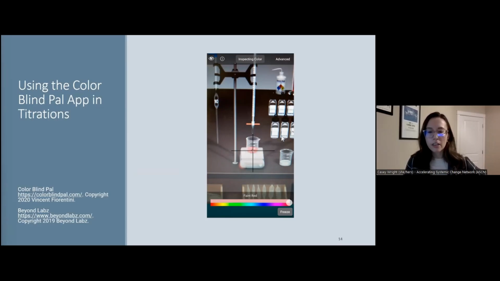And the target in the Colorblind Pale app is placed on that beaker, and enough sodium hydroxide has been added that the app reads that the solution is a faint red color. So we've just reached the endpoint. And what the students could then do was figure out, okay, how accurate is my colorimetric titration when I compare it to the titration curve.